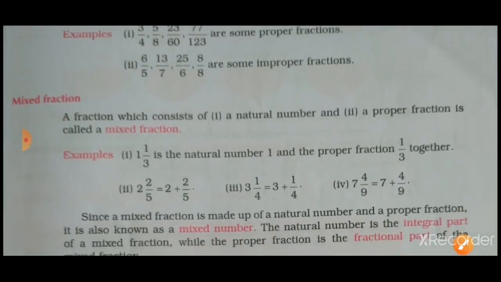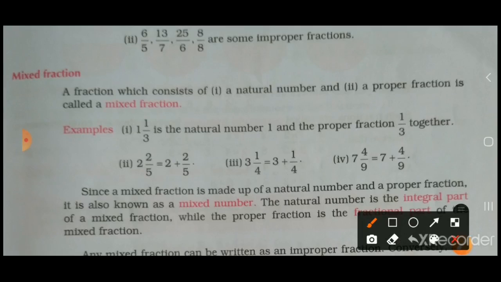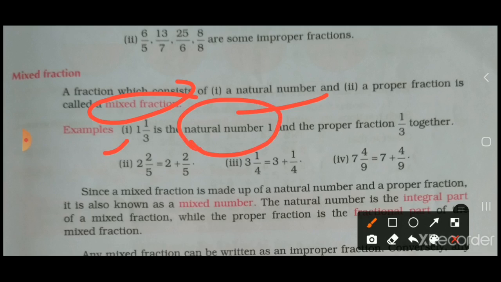Now come to the mixed fraction. A fraction which consists of a natural number and a proper fraction is called a mixed fraction. For example, 1 whole 1 upon 3. Here 1 is the natural number and 1 upon 3 is a proper fraction.